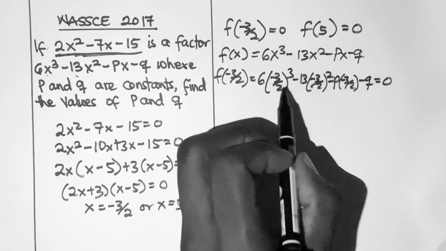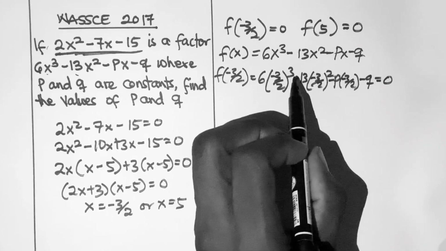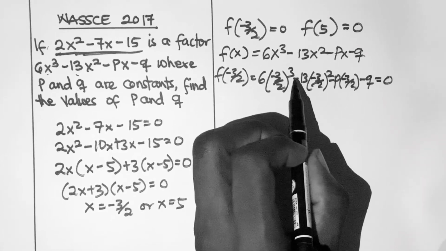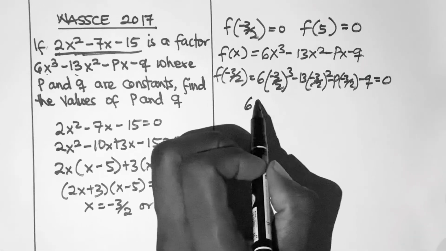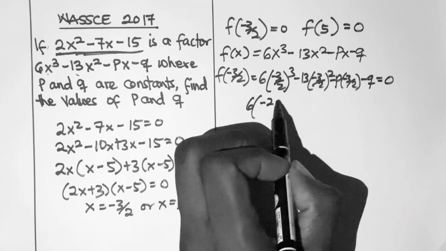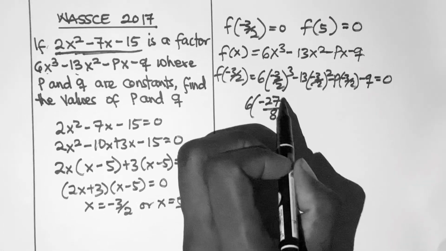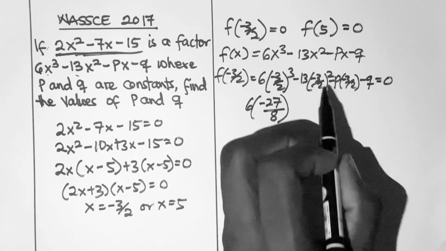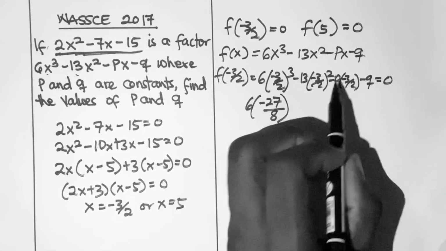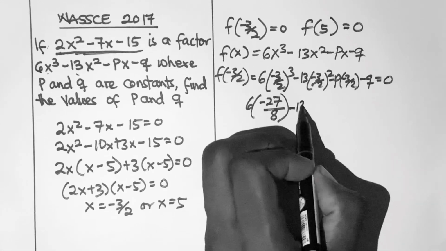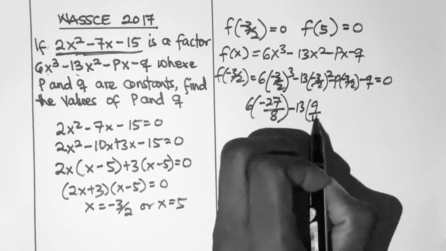So now minus 3 cubed is minus 27 and 2 cubed is 8. So here becomes 6 times minus 27 over 8. Then now minus 3 squared is 9 and 2 squared is 4. So here we got minus 13 times 9 over 4.